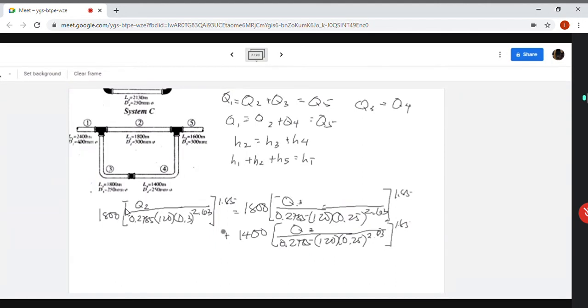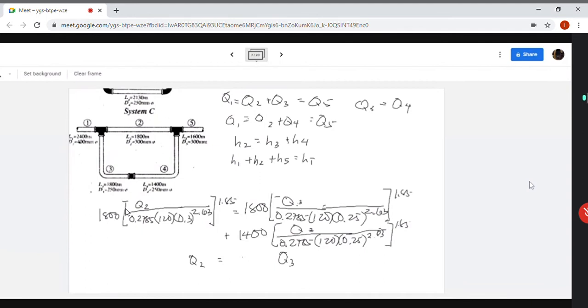We get it in terms of Q3, and then Q2 follows. The technique to make it easier is to use alpha in your calculator, alpha Q. You just copy the equations.